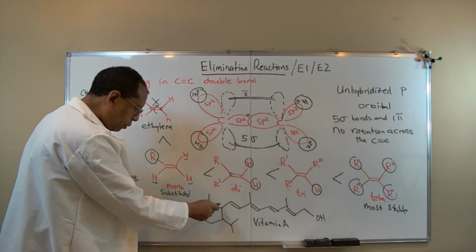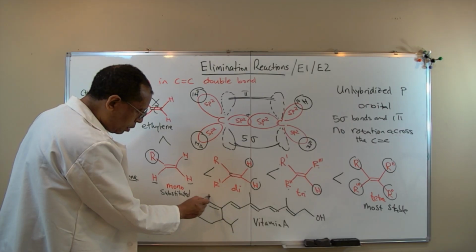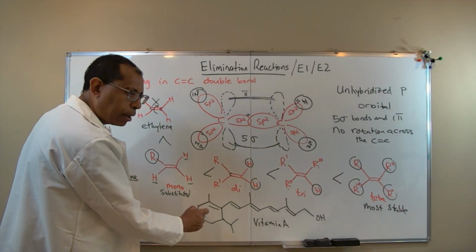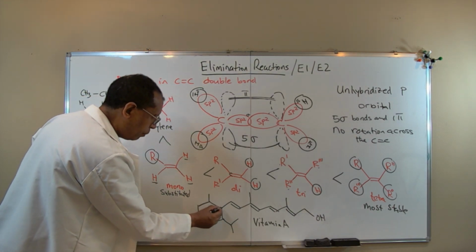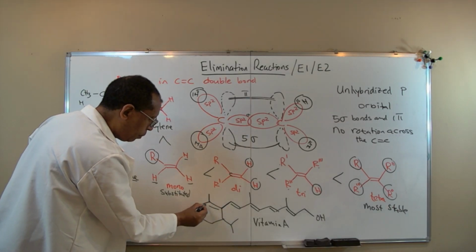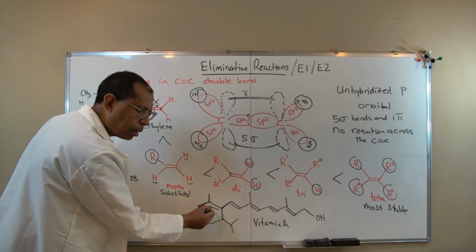For example, if you just look at this one right here, this is a tetra-substituted alkene. The internal one within the cyclohexene ring is tetra-substituted: one alkyl here, one alkyl here, one alkyl here, one alkyl here across that double bond.